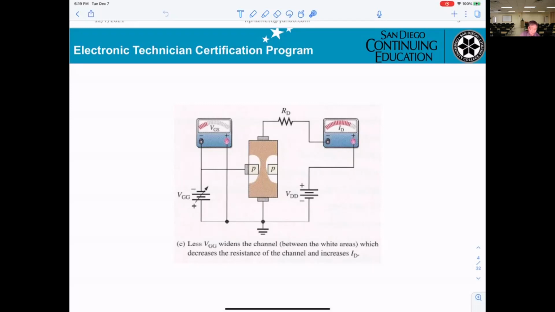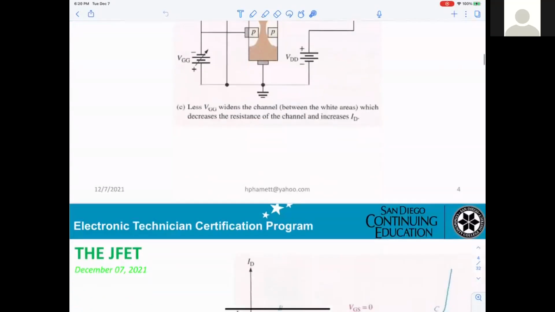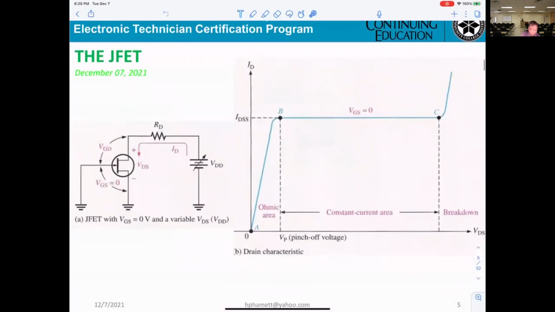And they show you right here: if you get a more negative voltage, this channel will be narrow, so less current. If you get a less negative voltage, you can get more current ID. Okay, thank you. Now, the JFET is a voltage-controlled device and the bipolar transistor is a current-controlled device.